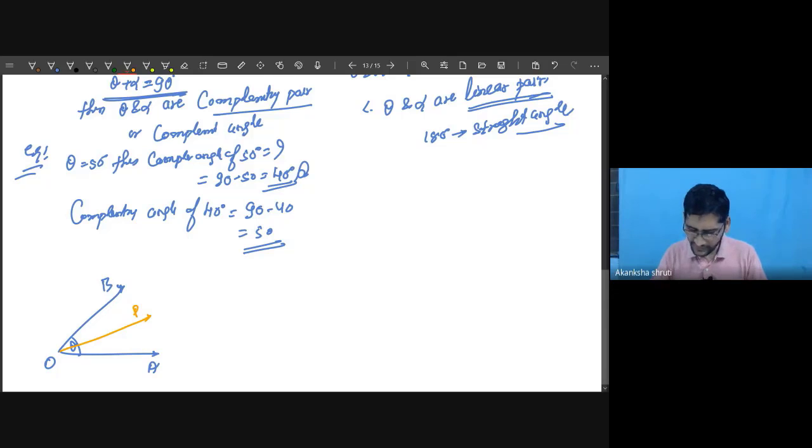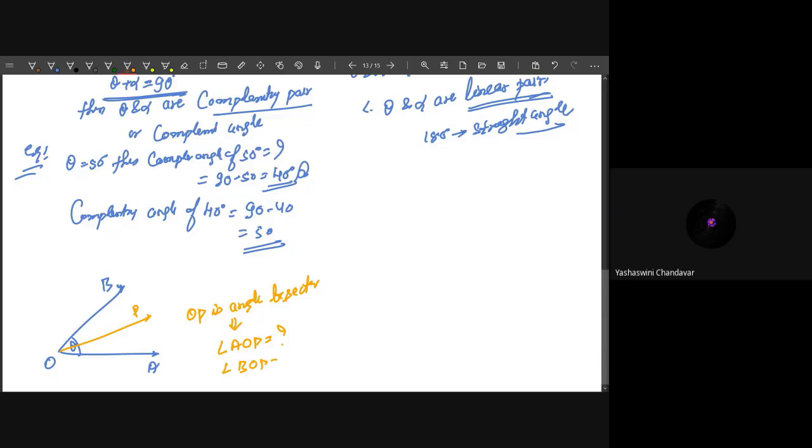Consider this P. If OP is the angle bisector, what does it mean? It means angle AOP is equal to how much, student? And angle BOP is equal to how much? Half of angle AOB. Very good.